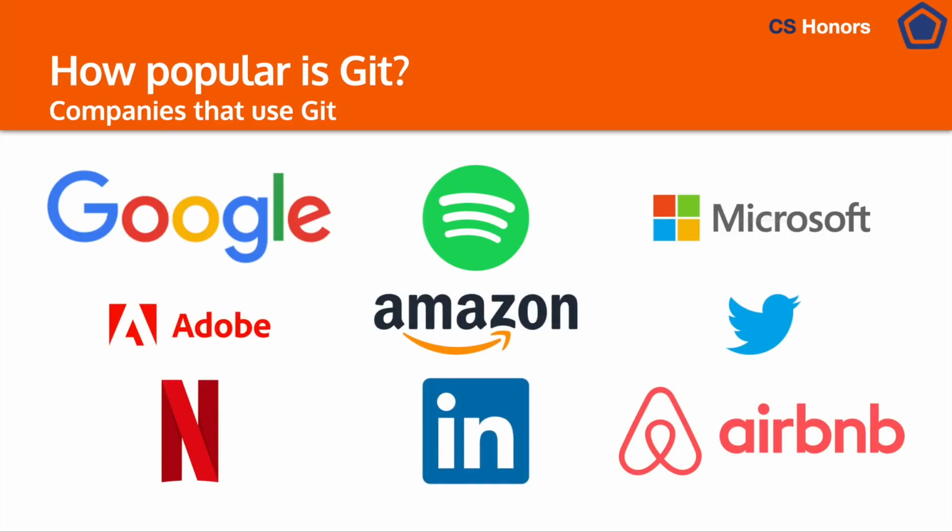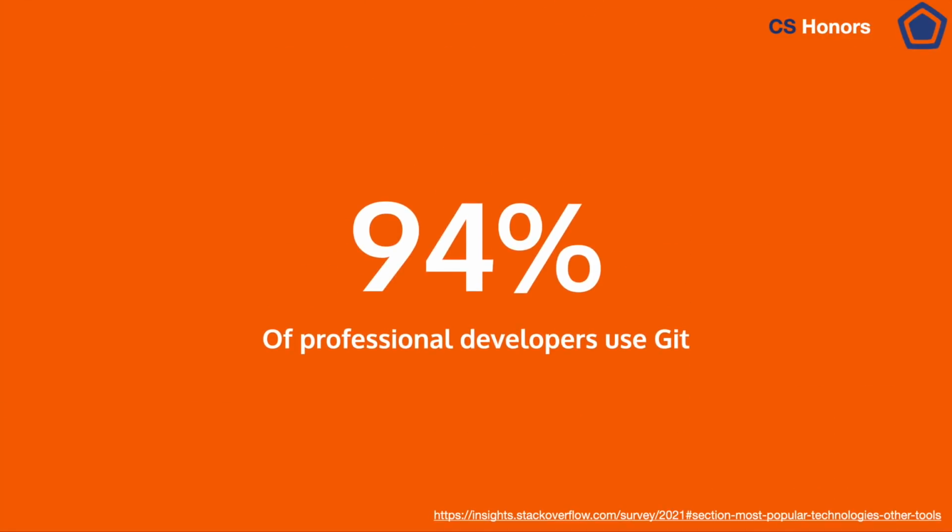All of these well-established and very popular companies have agreed that Git is the best way to keep all of their file versions synced. So if all of these companies can agree, and if, according to Stack Overflow, 94% of developers either use or know how to use Git, it's probably something that you should at least take a look into learning.